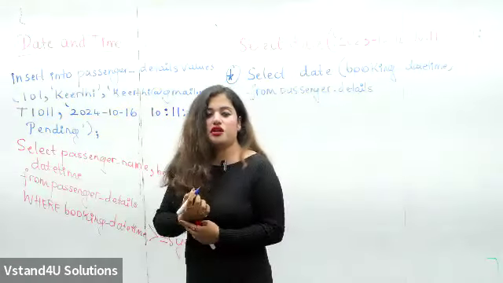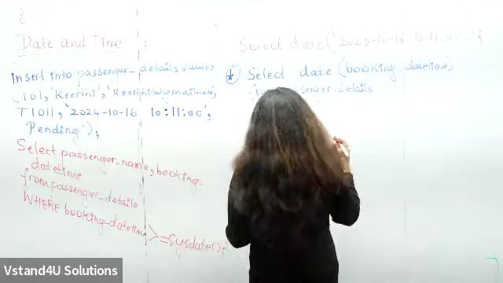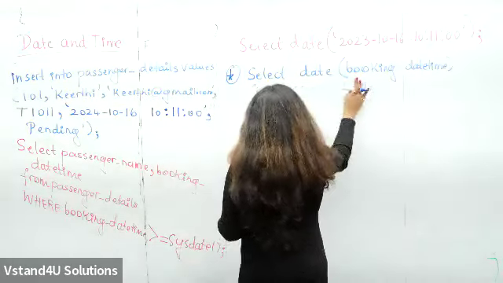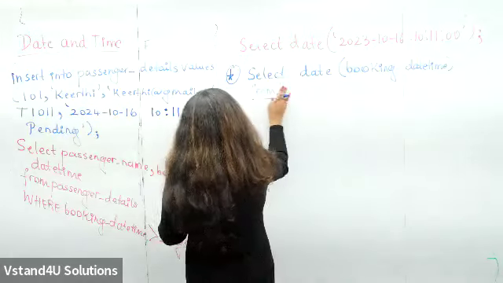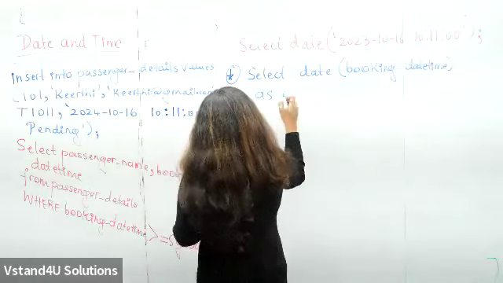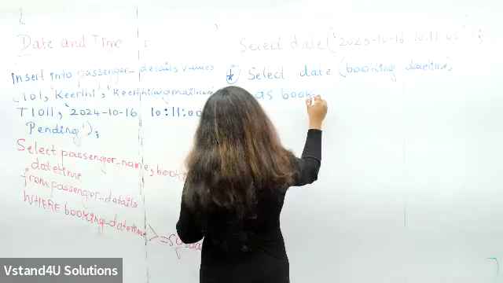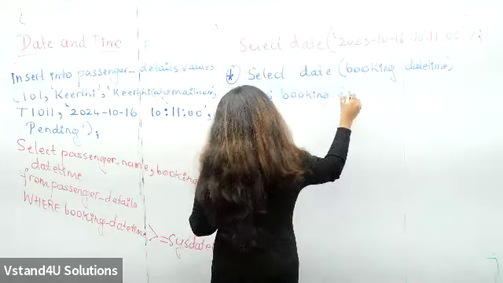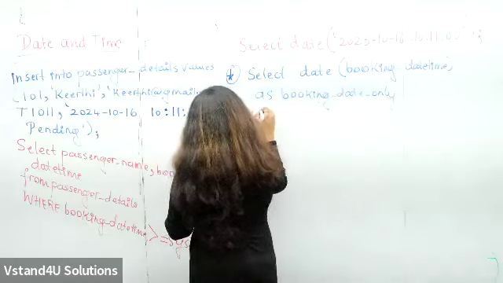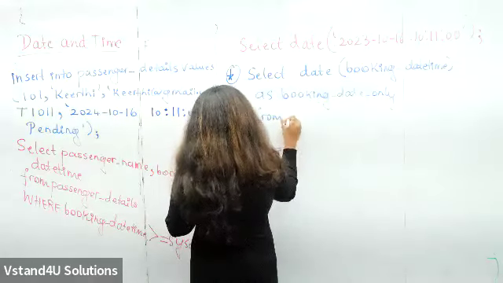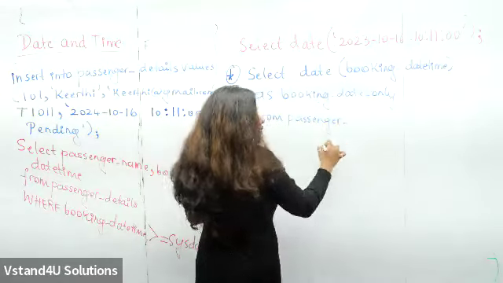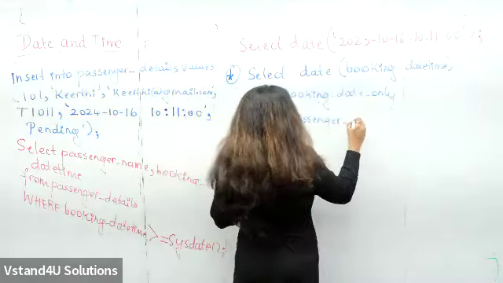There is no condition, but they are saying you have to use column alias. So how should I write here? You will write it as booking date only. From which table? From the table called passenger details.